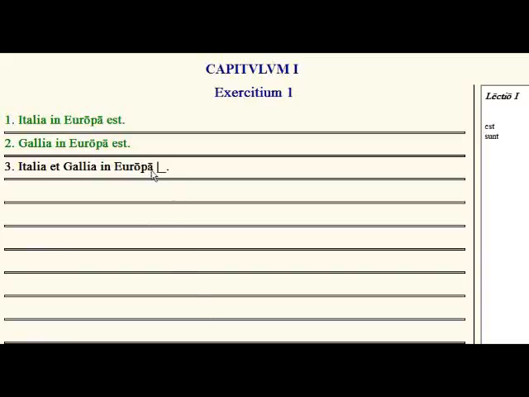And so now let's try what we know is the correct answer, because we have Italia et Gallia, Italy and Gaul, which is France. In Europa est or sunt, we know that it is sunt, and we got it correct. So let's go on to the next exercise.